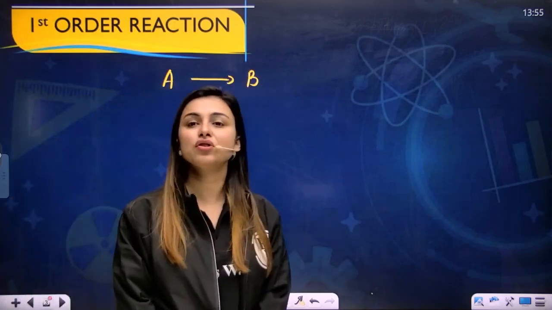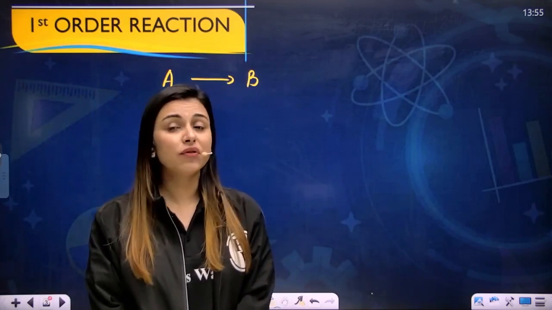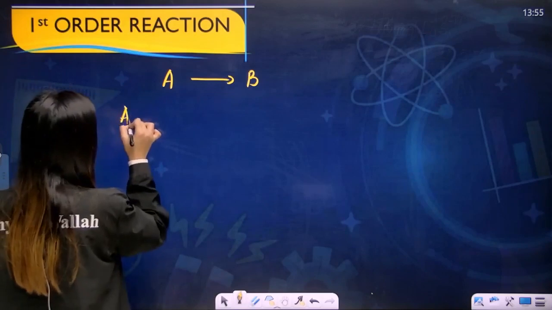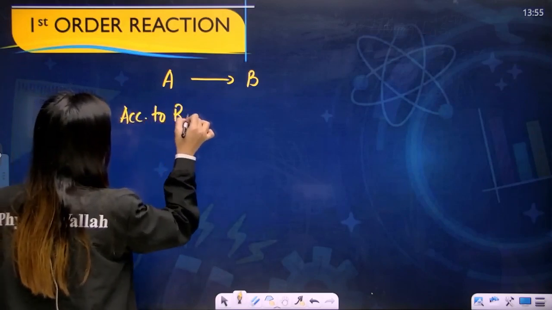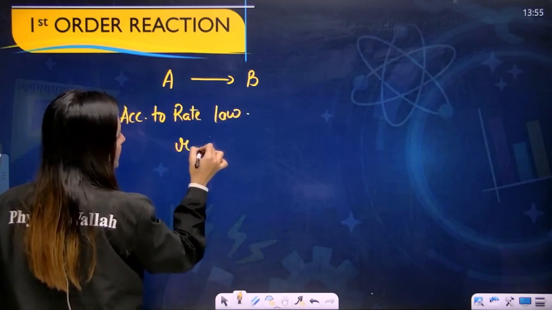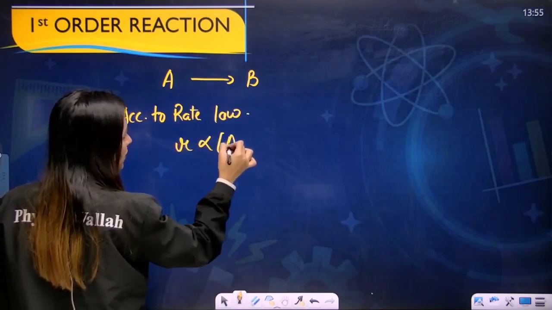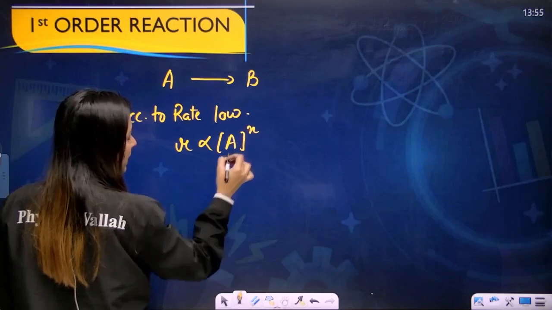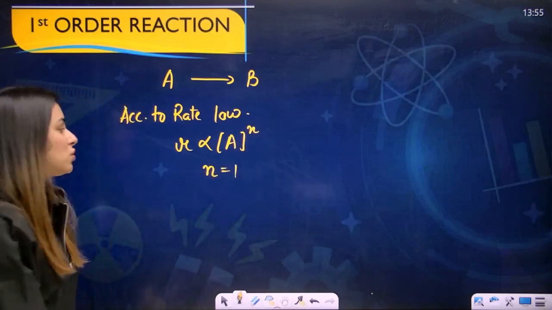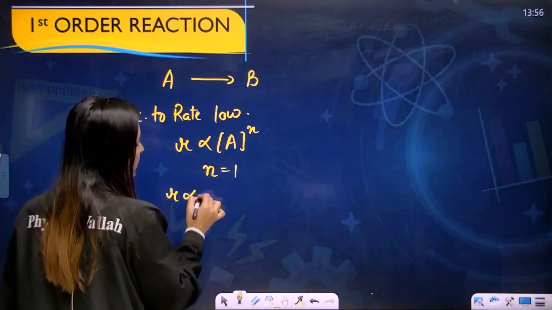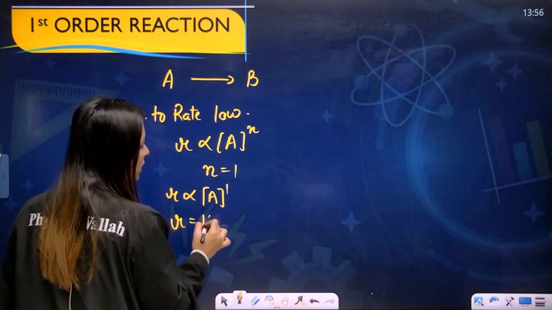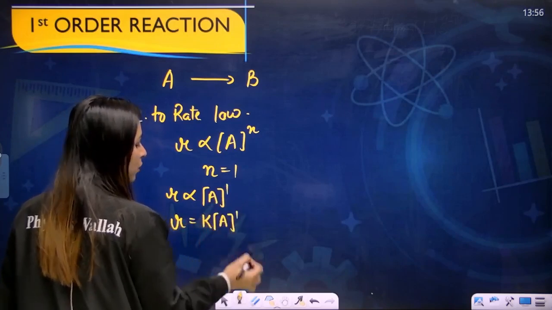According to the rate law, R is directly proportional to the reactant's concentration raised to the power n. Since it is a first order reaction, the order of the reaction is 1. So your rate is directly proportional to A raised to the power 1. R will be equal to K A raised to the power 1, right?